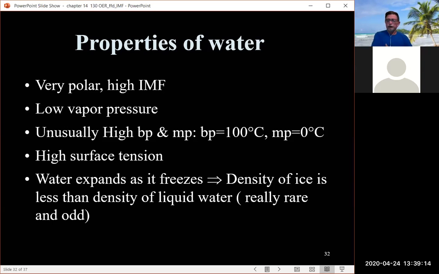Recall that density is grams over milliliters. So for 1 gram, the volume may increase to say about 1.1. Now it's 1 divided by 1.1, which gives us a density of less than 1, about 0.9. So it floats, right? So it's a very unique property.